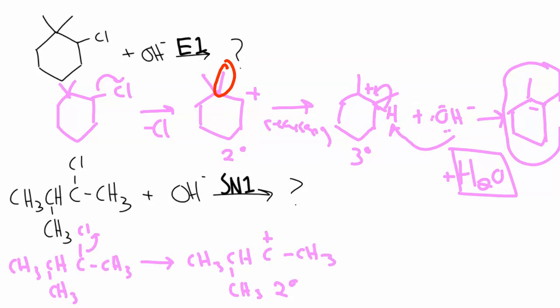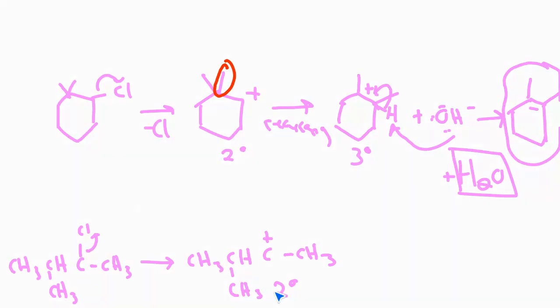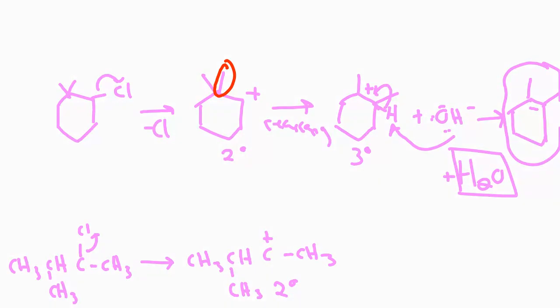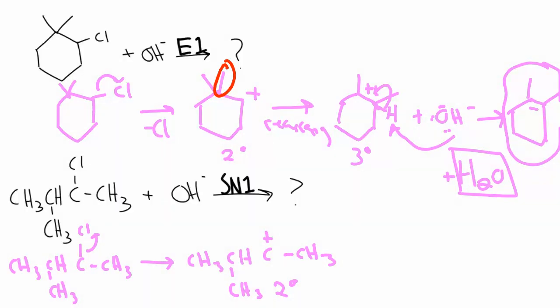What can I do here? Put it on the second carbon in the chain. So if I move this methyl group, because that would maybe be your first thought, I would just end up with another secondary. But I have a hydrogen here, so I can move this hydrogen over to that other carbon. So the hydrogen and the positive charge switch places.